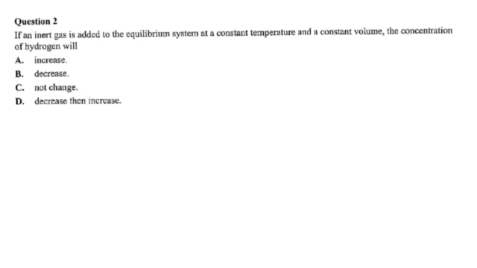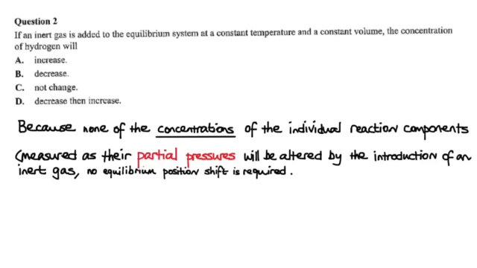If an inert gas is added to the equilibrium mixture of the question we've just been dealing with at a constant temperature and a constant volume, the concentration of hydrogen would, well guys, don't fall for that one, because none of the concentrations of the individual reaction components, that is measured as their partial pressures, will be altered by the introduction of the inert gas.